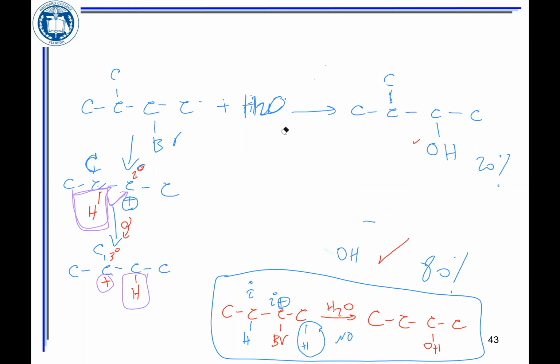So if you have this situation here, let's say you have carbon, carbon, carbon, and a plus charge here, the hydride shift from this carbon is not going to be able to jump by 2 carbons.